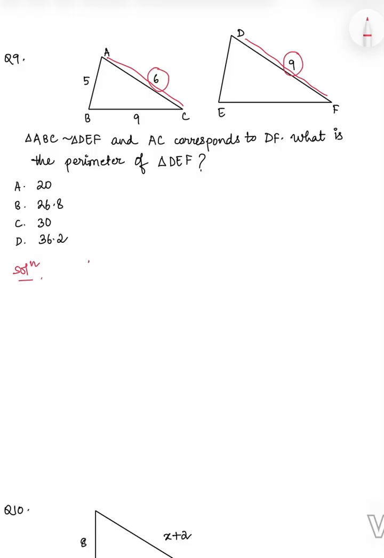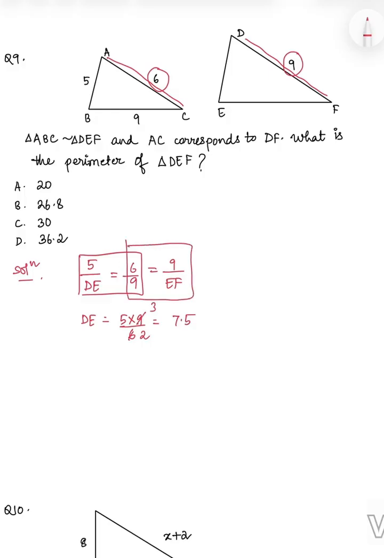Because 5 by DE will be equal to 6 by 9 will be again equal to 9 by EF, right? Because they are similar, the sides will correspond to each other. So just use this part of it and get DE. That is 5 into 9 by 6. What is the answer? 15 by 2, that is 7.5.